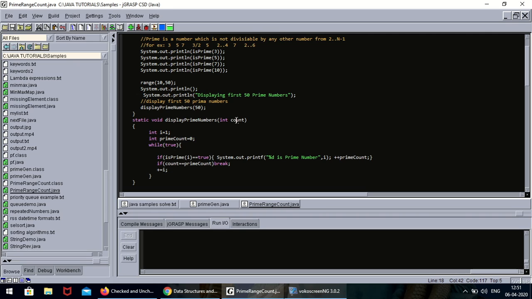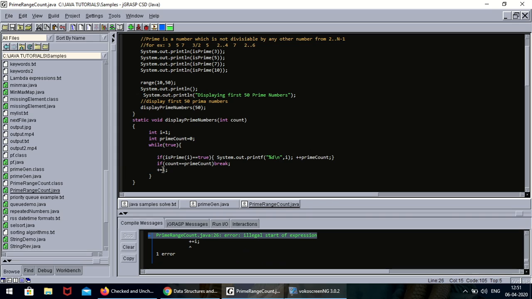If our count and this count are equal, then only the loop will exit. Here just display the numbers. Let's compile it.